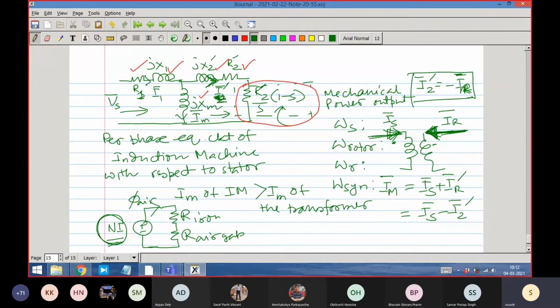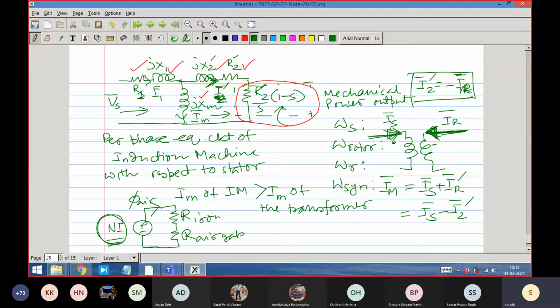After some time one may say, why put dash dash dash all the time? In our mind we understand that it is existing, and let us write X2, R2 and R2 (1 minus S) by S. Sometimes I2 also. I have done one more adjustment of the variables, where I know that every quantity is with respect to the stator reference frame, with respect to the stator number of turns.